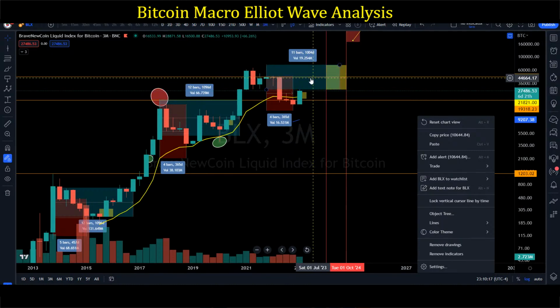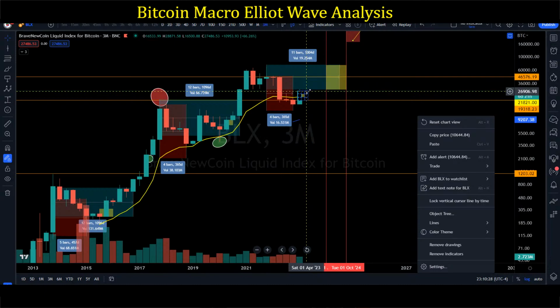Next quarter, it might not shoot straight up to the 45 to 48K area if the volatility slows down and we get a very boring quarter, meaning price action just stays in a 10% range for 3 months.